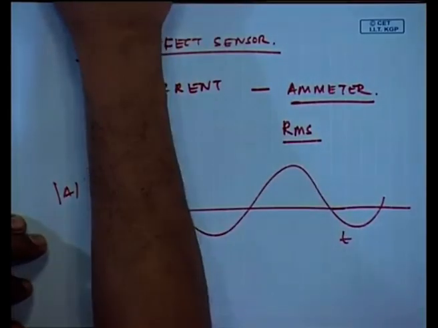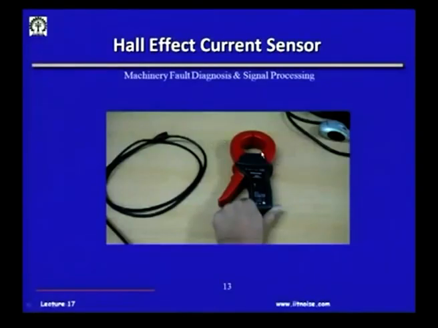What happens here is there is a conductor, and all I produce here is a magnetic field. Okay. I have a battery source, I produce a magnetic field, and then there is a current carrying conductor. So, depending on the intensity of the current, depending on this magnetic field, this is going to generate a voltage.